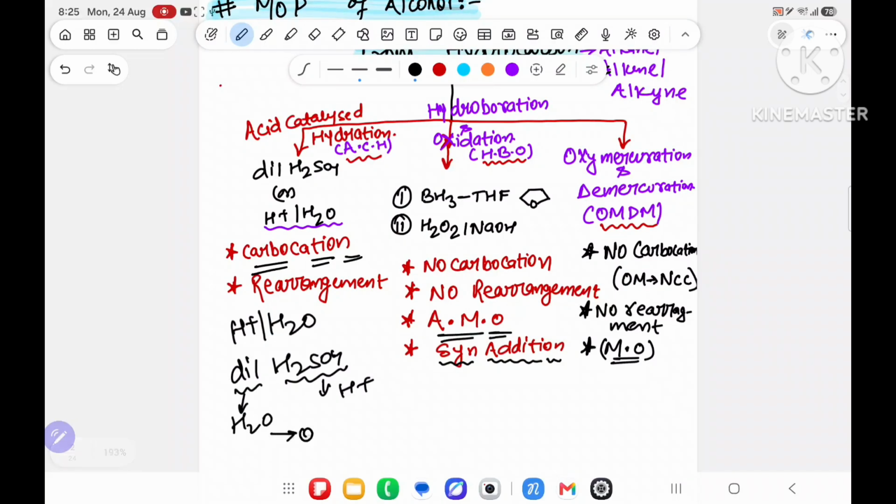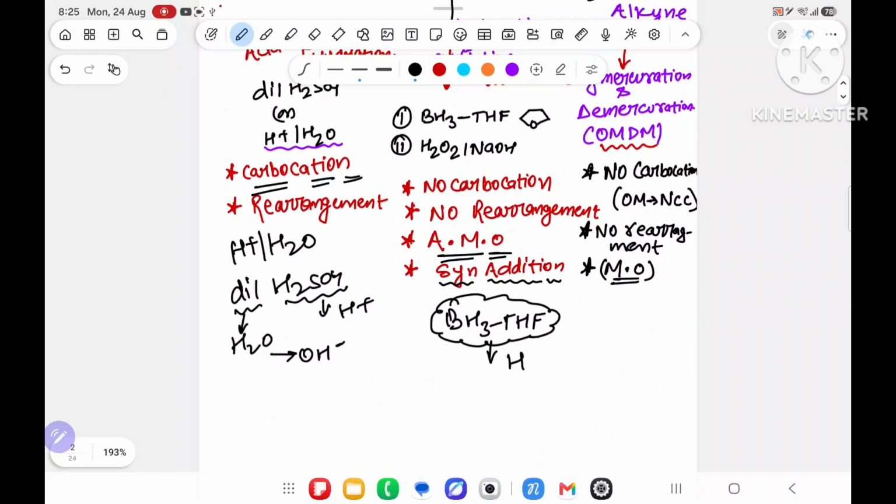Water is giving OH minus. Over here we are using the reagent BH3 THF. BH3 will give H. Then BH3 THF, and H2O2 in presence of NaOH. This H2O2 will give OH.